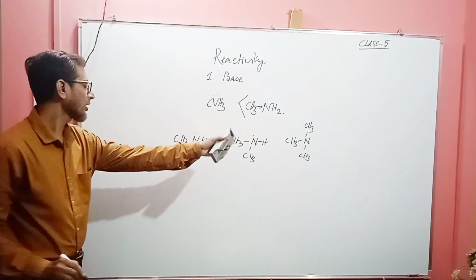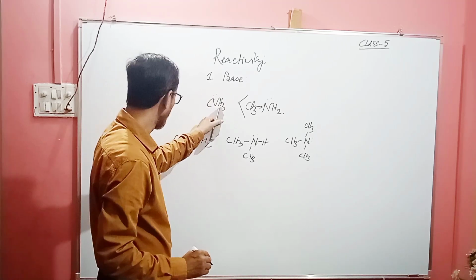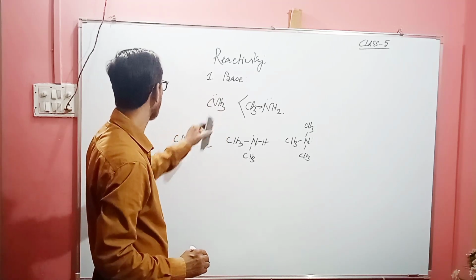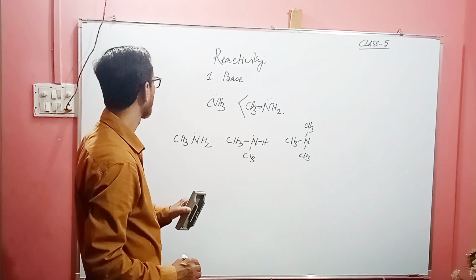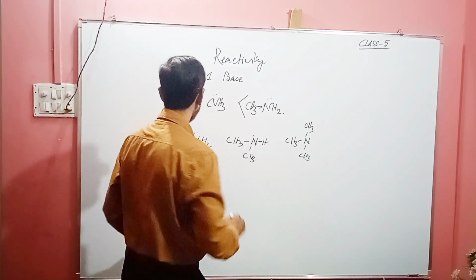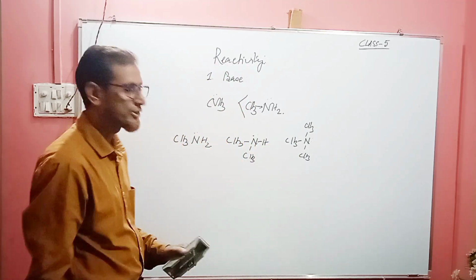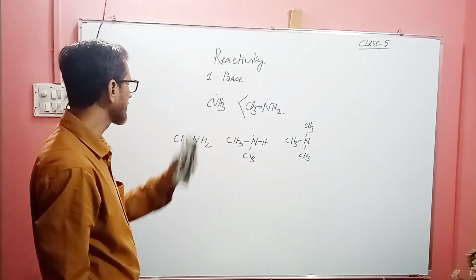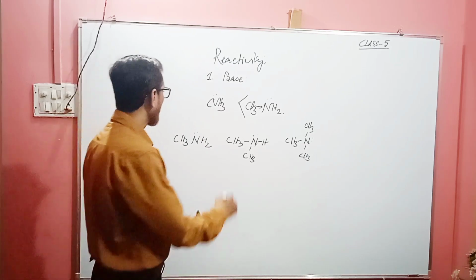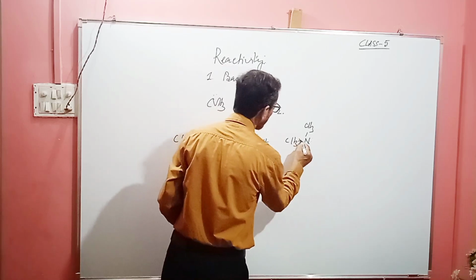Now, in ammonia, there is substitution of alkyl groups. So the substituted parts are these. This is 1 degree, 2 degree, 3 degree. If I now tell the increasing or decreasing basicity order, again, the more the plus I group, the more the basicity.